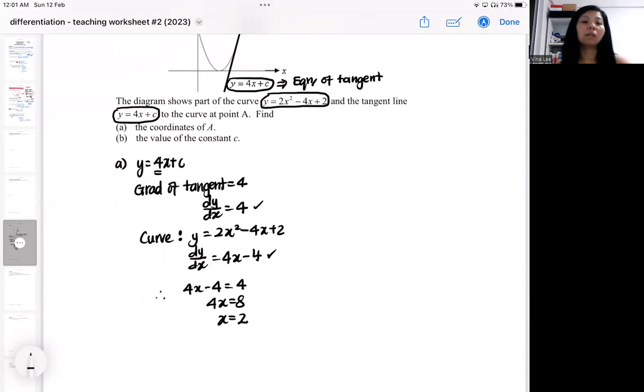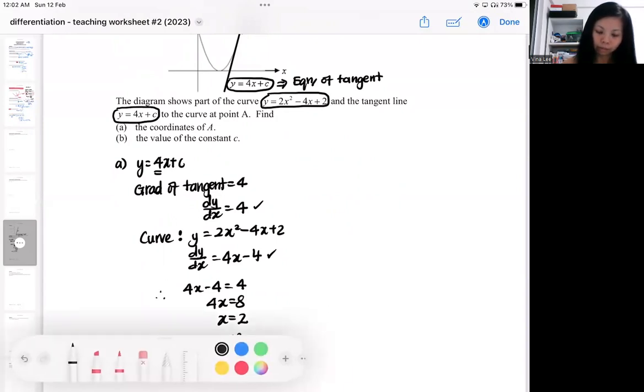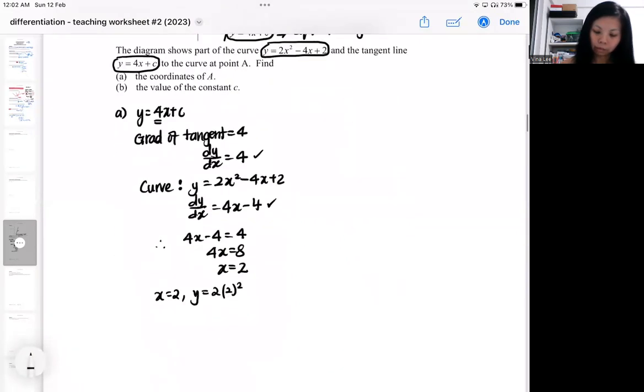Because the tangent has an unknown, I will return the x equal to 2 to the curve. So I will get the y coordinate. So A is equal to 2, 2.